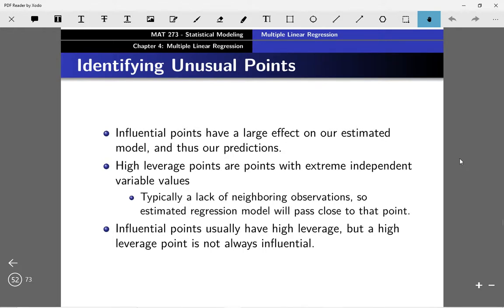And also our predictions for future observations, for future data might suffer a bit. If we have these single outliers or influential points that have a lot of influence in changing the predicted values, that can cause our predictions to be worse. So they might be of importance to remove.